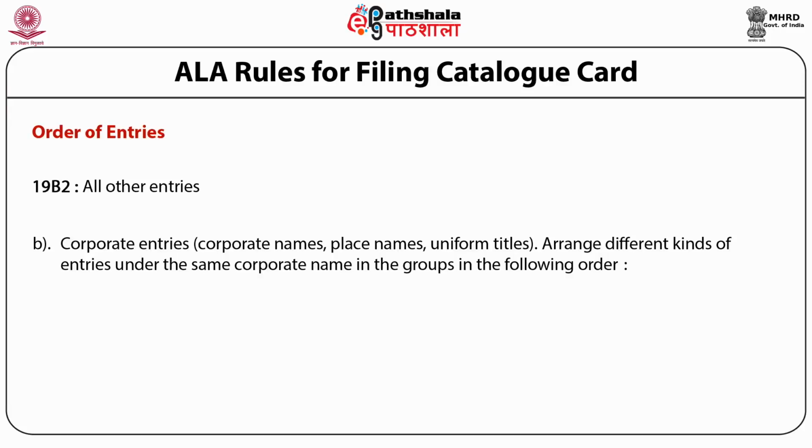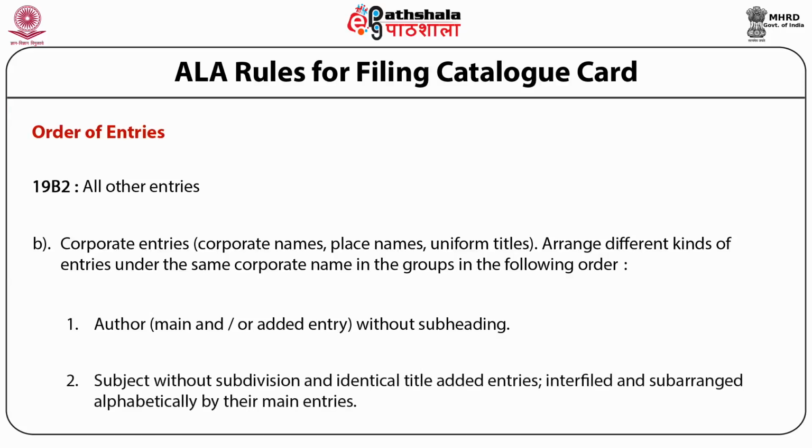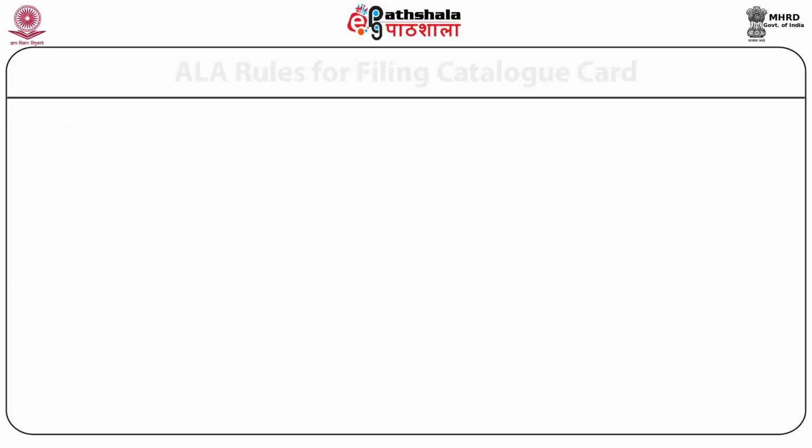Arrange different kinds of entries under the same corporate names in the groups in the following order. First, author, main and oblique or added entry without subheading. Second, subject without subdivision and identical title added entries, identified and subarranged alphabetically by their main entries.